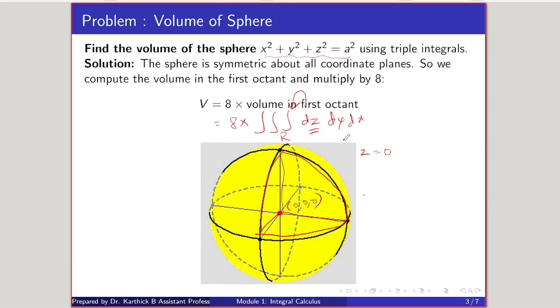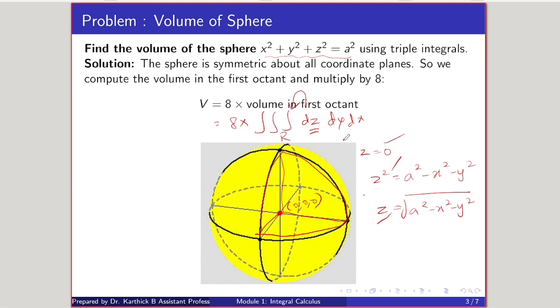So first, just take the given equation and compute the z value. So z square equals a square minus x square minus y square. So z can be written as the square root of a square minus x square minus y square. So this is the lower limit and this is the upper limit of z.